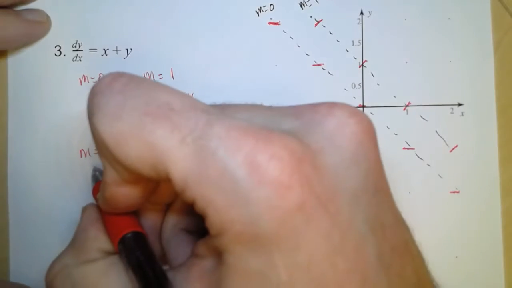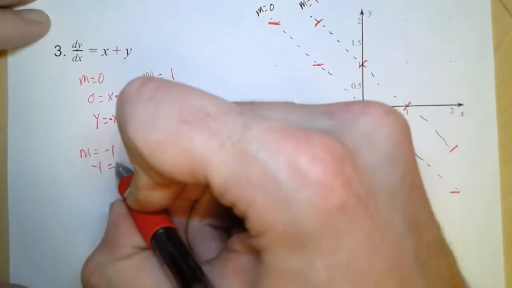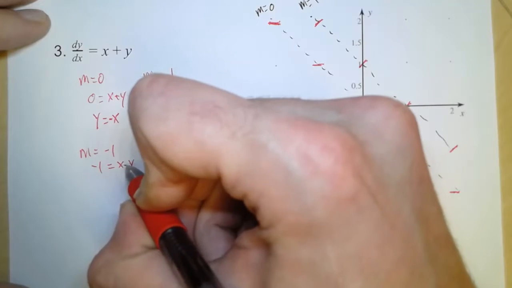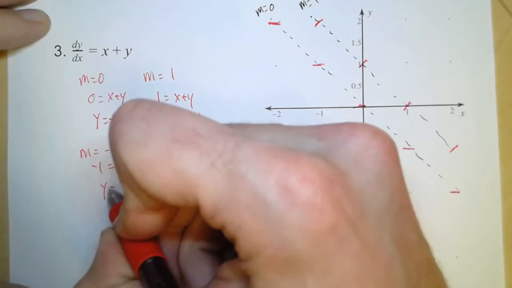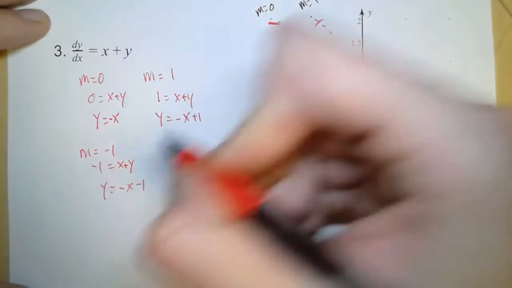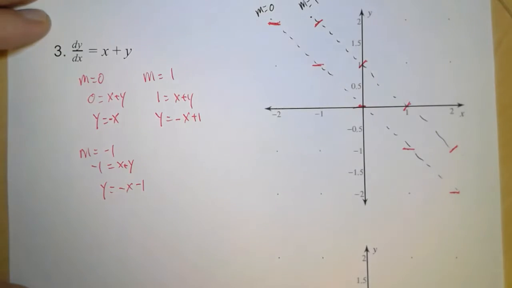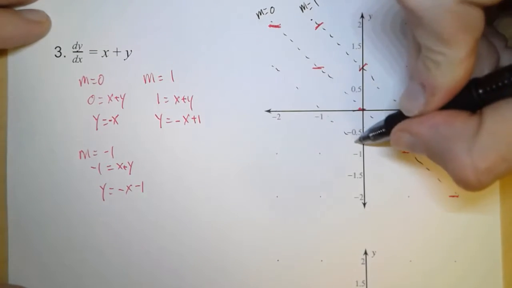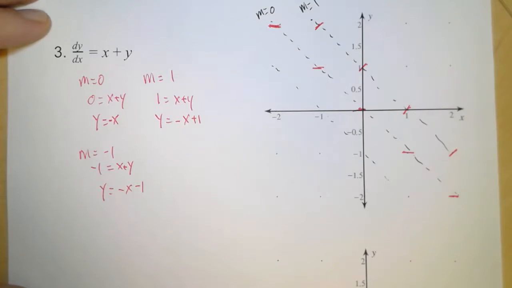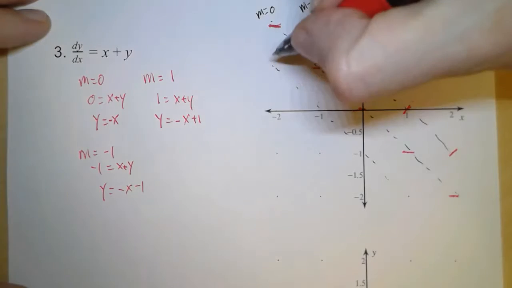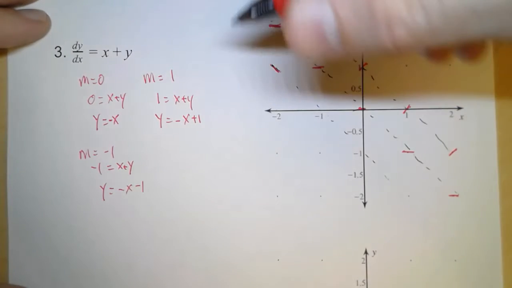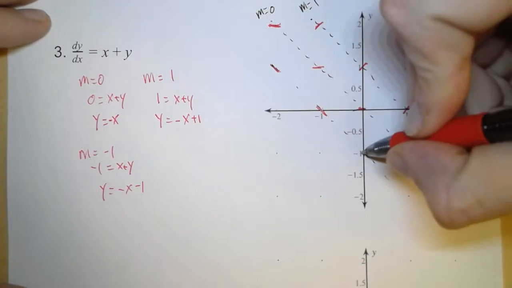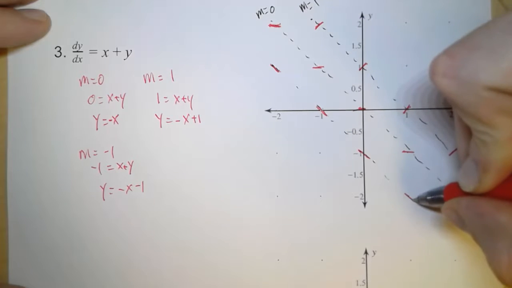We'll plug -1 into our differential equation, x plus y, and so y equals -x minus 1. And so there is this line right here. And so all along here we should have slopes that are -1. So -1, -1, -1, -1.